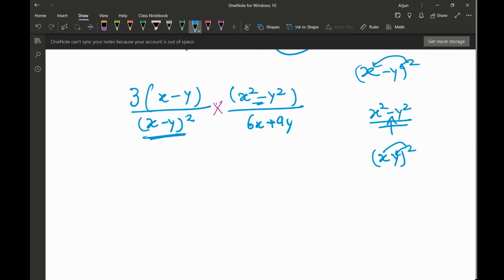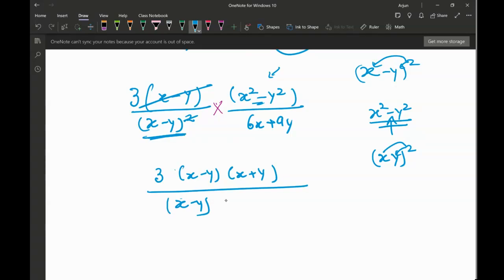All right, but what I can do is cancel one of the x minus y with the top one, and here I will write it as 3. This will become a difference of squares, x minus y and x plus y, and then on the bottom this is x minus y, and here I can take 3 common out of this, 2x plus 3y.